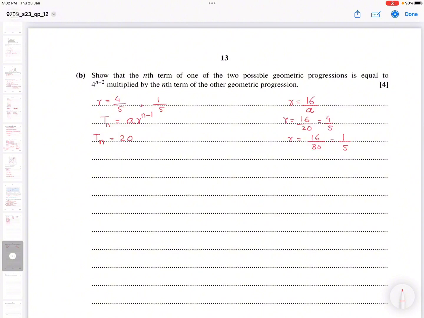So 20 times 4 over 5 whole power n minus 1, and on the other side I can write Tn equals, I will use the second value of a, 80, times 1 over 5 power n minus 1.